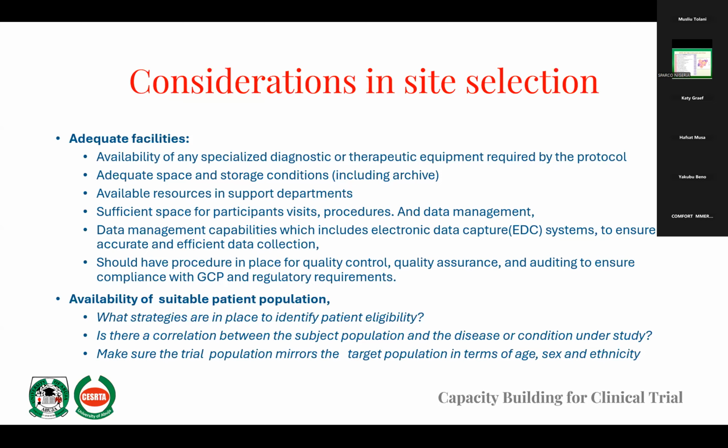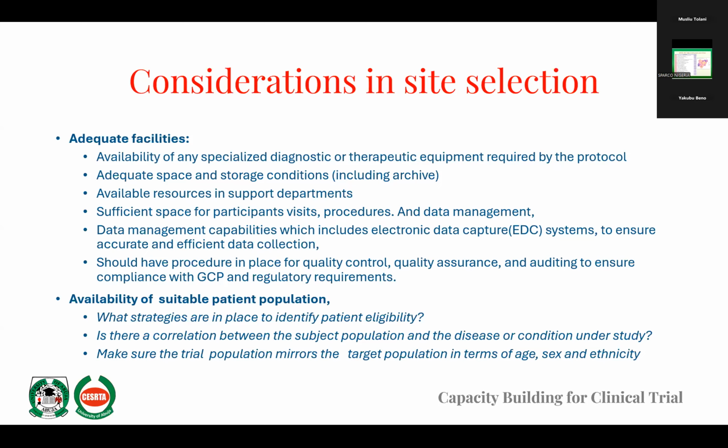Adequate space and storage conditions, including archiving space, are very important, where you keep your archives, your records, even your IPs. Adequate pharmacy store, adequate cabinets to archive your data. Then available resources in support departments.